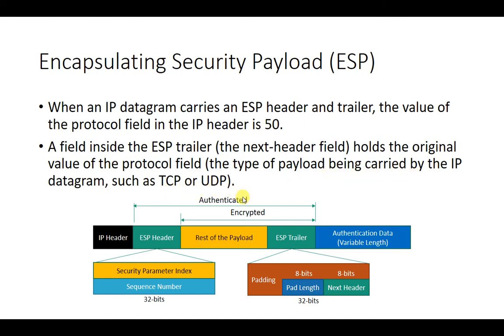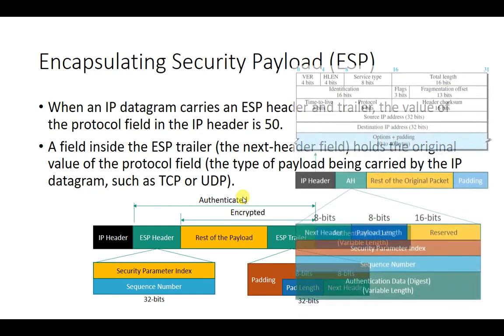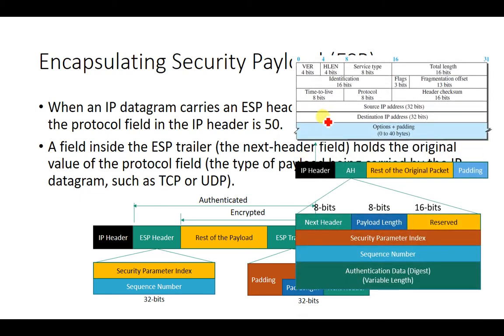If you remember, in the AH protocol, notice here, in the IP header there is a field called protocol, which is 8-bit. What does it specify? The type of datagram the IP packet carries. If the type of datagram is TCP, then the value will be 06. Similarly, for other protocols too, some specific number will be there.